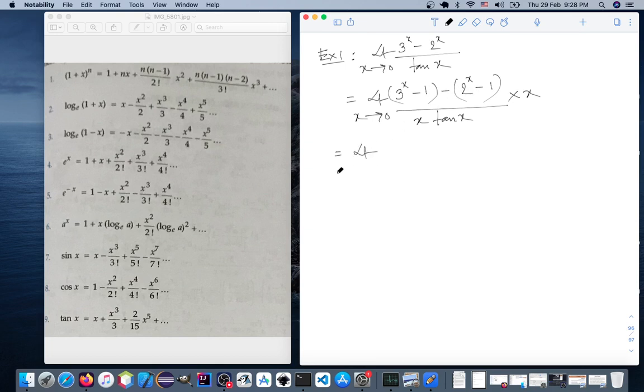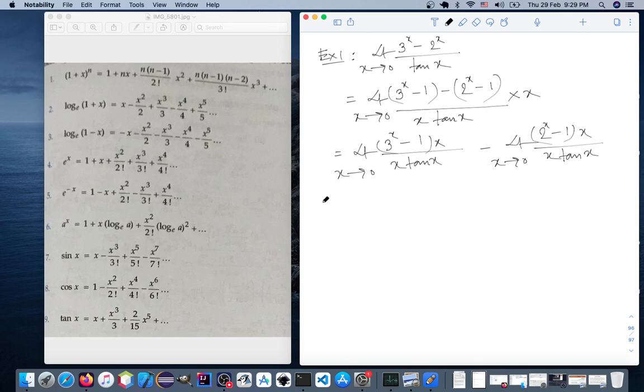If we separate out the limit like this, 3 to the power x minus 1 by x, times x by 10x, minus the other term, we can separate out the terms and it becomes like this.